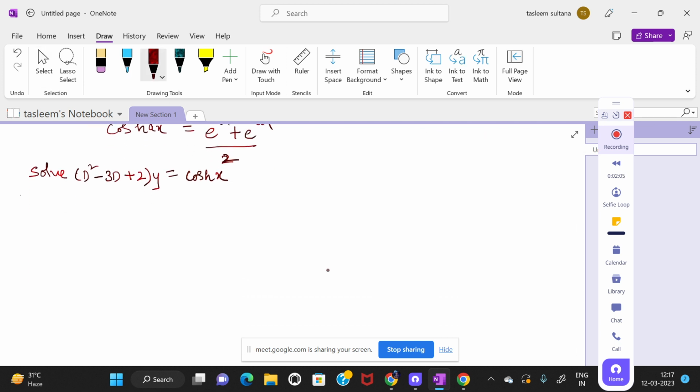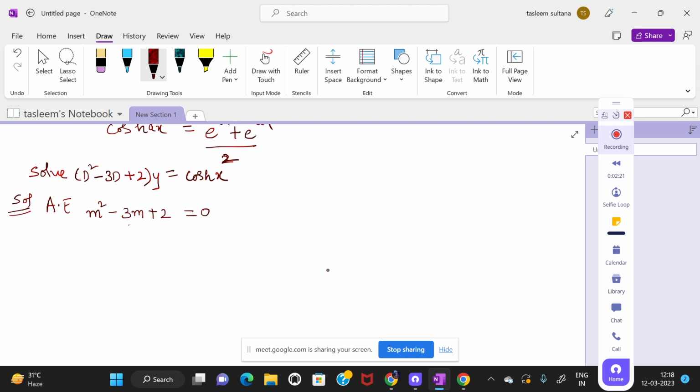Already it is in operator form, so directly we'll move on to writing the auxiliary equation. Auxiliary equation: m square minus 3m plus 2 equals 0.